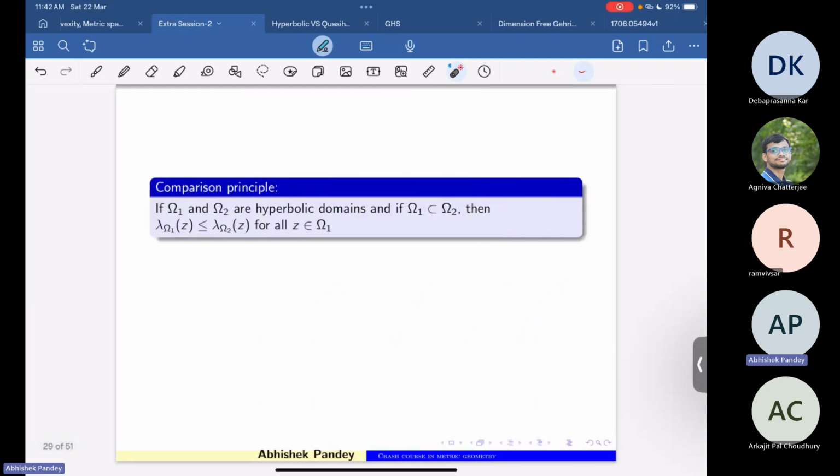Now we have a comparison principle which says that if omega 1 is a subset of omega 2, then lambda omega 1 is less than or equal to lambda omega 2. Wait a minute.